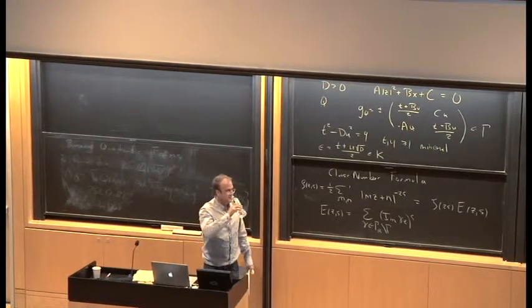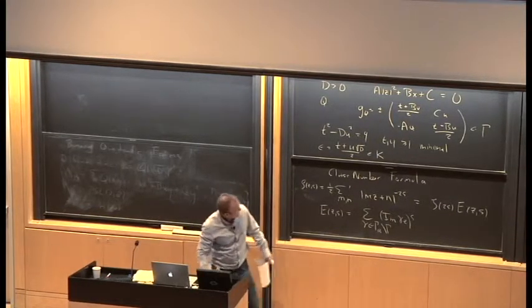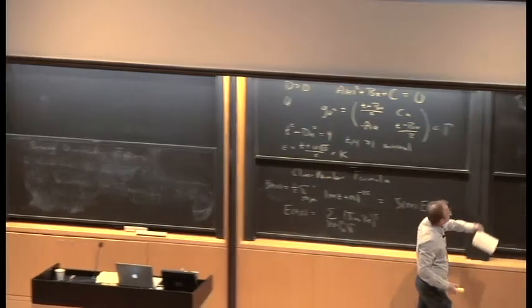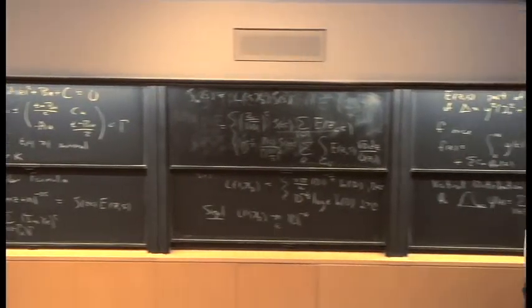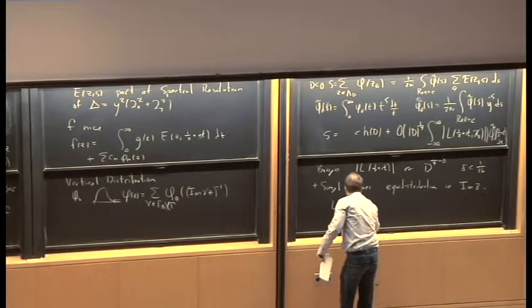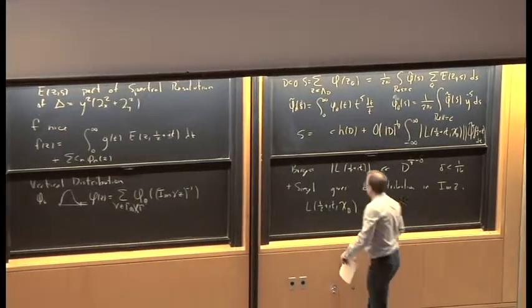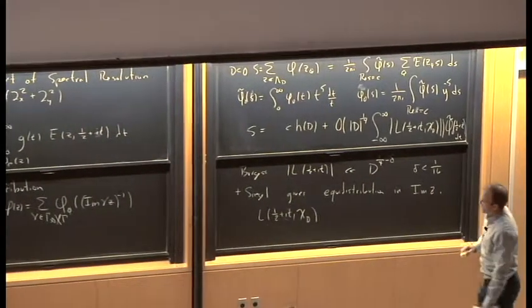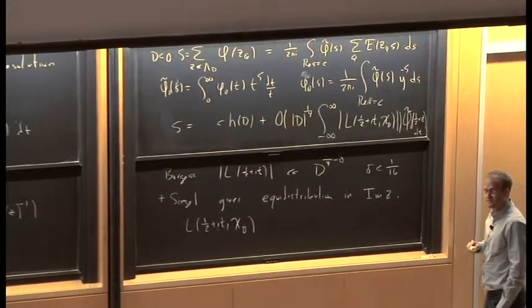And yes, indeed, he was able to interpret, well, if you look at this formula, where is it? So let me say it this way. If you have L(1/2 + it, chi_d), you can interpret this as a Fourier coefficient, well, part of a Fourier coefficient, of a half integral weight Eisenstein series.